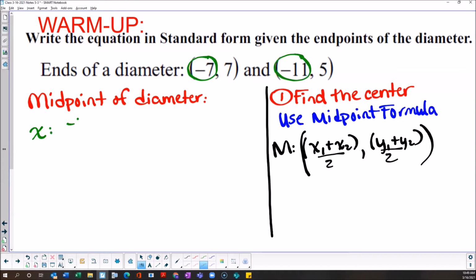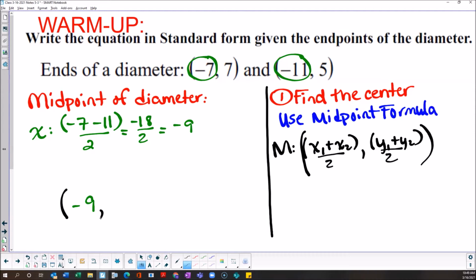I'm going to say -7 plus -11 divided by 2. So that gives me -18 divided by 2, which is just -9. So that's going to become the x coordinate of my midpoint.